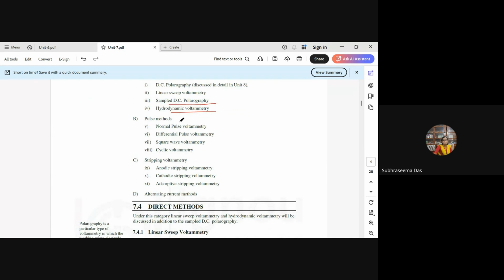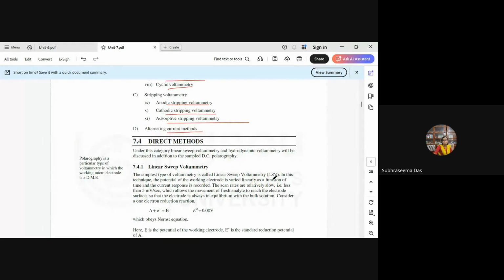Then pulse methods: normal pulse voltammetry, differential pulse voltammetry, square wave voltammetry, cyclic voltammetry. Then stripping voltammetry, which further consists of anodic stripping voltammetry, cathodic stripping voltammetry, adsorptive stripping voltammetry, and the last is alternating methods. So in the direct methods, the linear sweep voltammetry and hydrodynamic voltammetry are discussed.